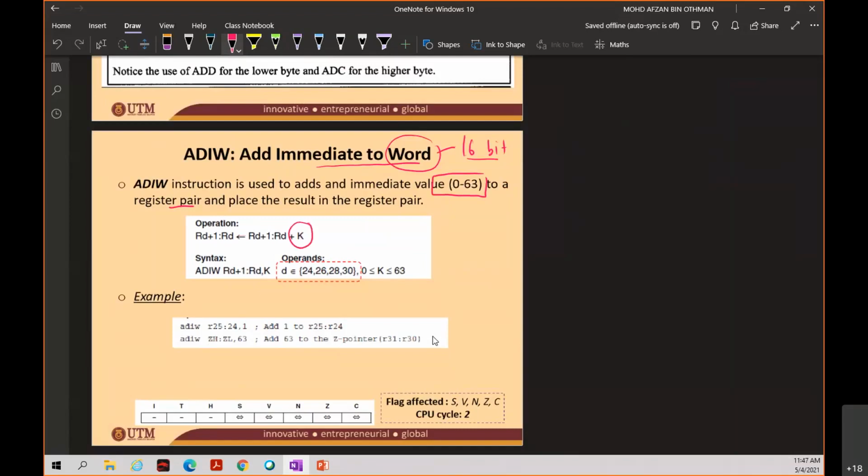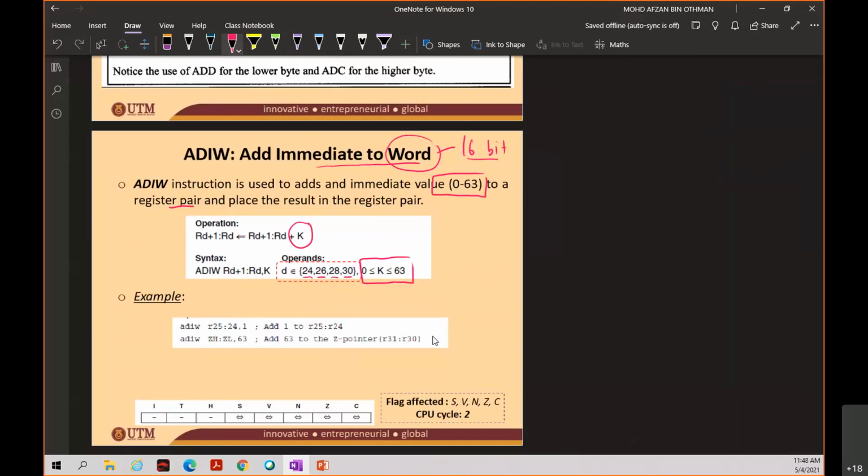K is from 0 to 63 only. This is the syntax: ADIW Rd+1:Rd, K. The operand for Rd is only valid for R24, R26, R28, and R30.